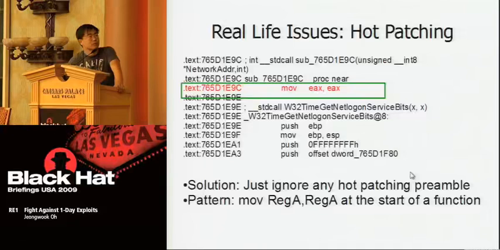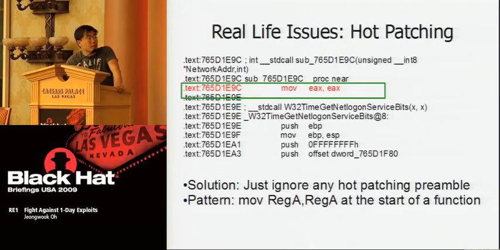And the second issue is a hot patching issue. There is a hot patching preamble in Microsoft patches or Microsoft binaries, but sometimes the older binary didn't have it, and sometimes the newer binary has it, or vice versa.